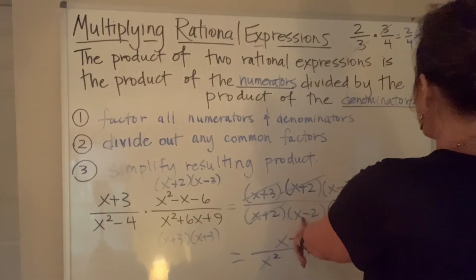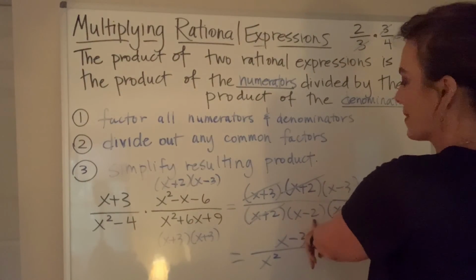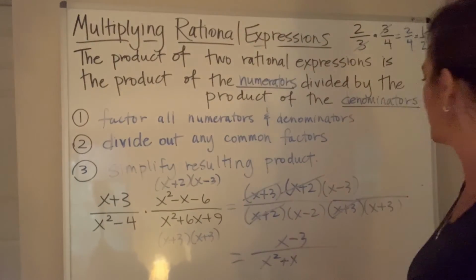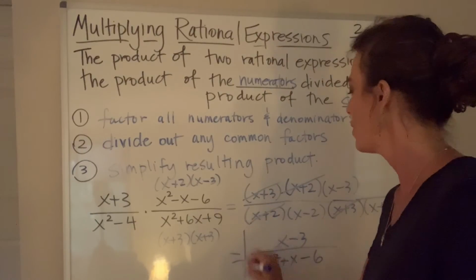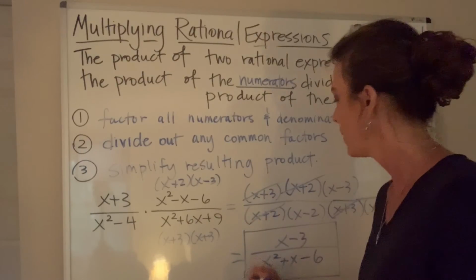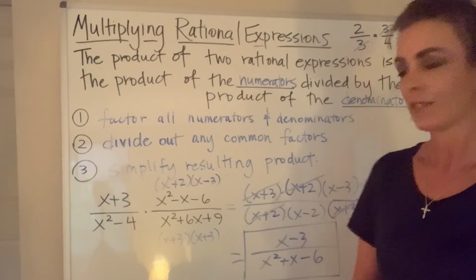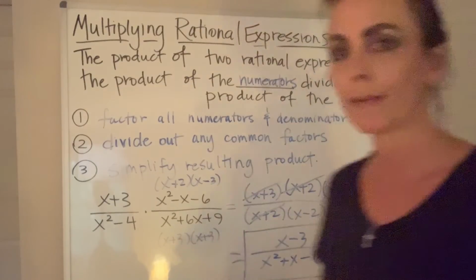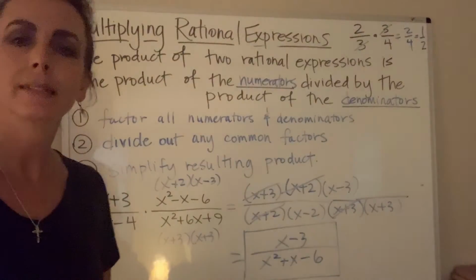And then I have x times 3 is 3x plus negative 2 times x, negative 2x. So that's just going to be plus 1x, or just x. And then negative 2 times 3 is negative 6. And so our final answer here, when I multiplied these 2 rational expressions, I end up with this rational expression of x minus 3 over x squared plus x minus 6.